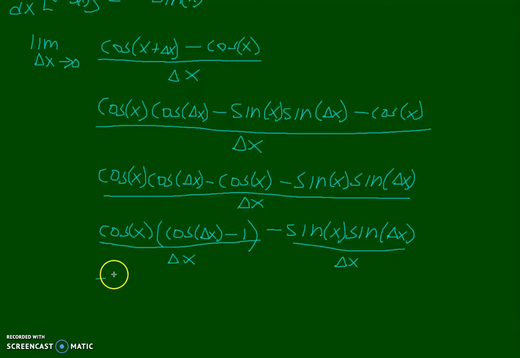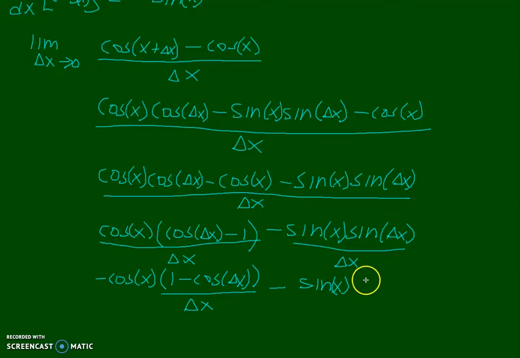So here we're going to have negative cos x times 1 minus cos delta x, and that's all over delta x, minus sine x sine delta x. I'm going to put the delta x underneath this piece.